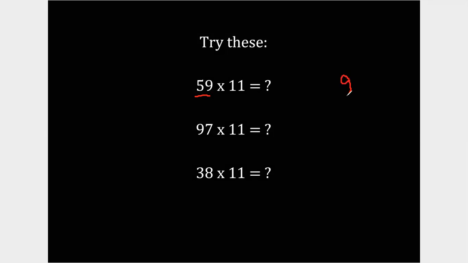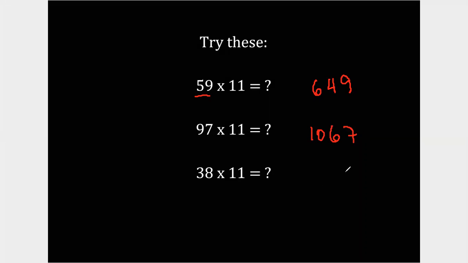The 9 is going to be the same. I have 14 in the middle, which is going to leave me a 4. And then my 5 in the beginning, I have 5 plus 1, which is 6. I can do the same thing here. My 7 is going to be the same. 9 plus 7 is 16, so my 6 goes there, and my 1 gets carried to add to the 9, so it's going to be 1067.